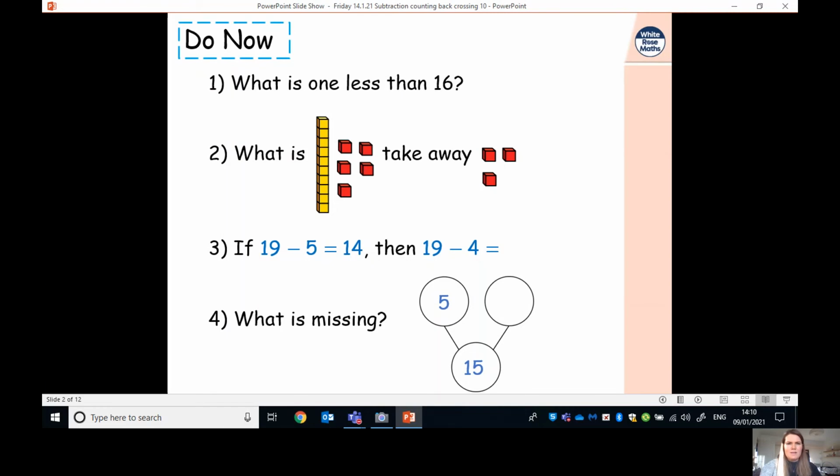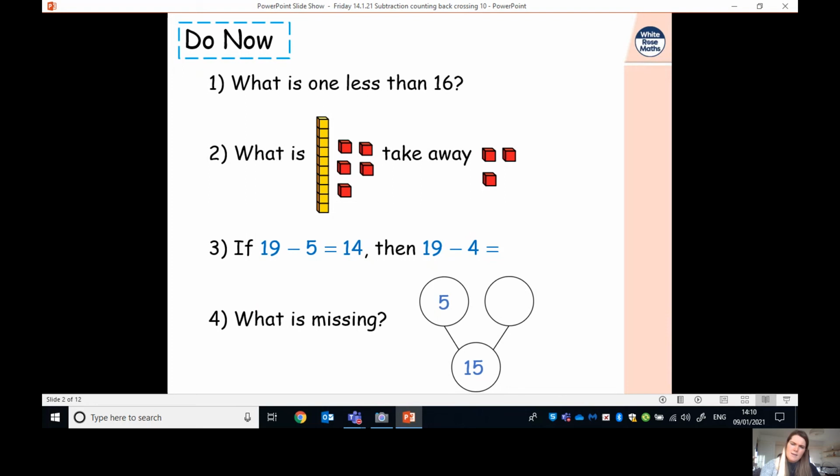Okay, I would like to know what 1 less than 16 is. What is 1 less than 16? And here I've got some 10s and 1s, so you need to count the 10s and 1s and then take away the 1s on the right there. So count how many 10s and 1s there are and take away the 1s on the right. 19 minus 5 is 14.